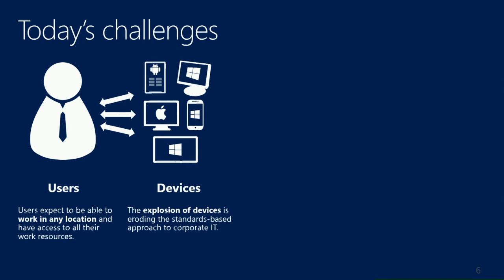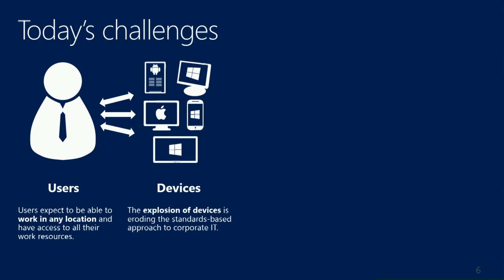Now, the second key shift is about devices. How many of you have more than 2 internet-connected devices that you usually carry around? Wow. That is the world that we live in. There are 2 key aspects. One is the notion of having a lot of devices and needing to have access to data in terms of my organizational resources from these devices.